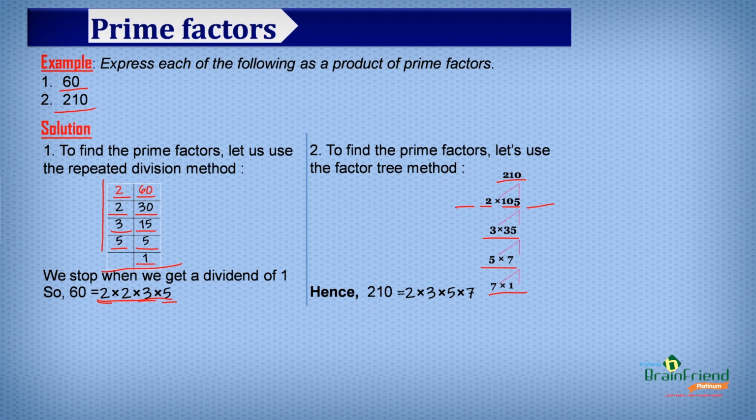Whichever way you place the numbers, as long as the product of the numbers gives you the initial number, you are correct. So, our prime factors here are 2, 3, 5, and 7. When we multiply out these numbers, we get 210.